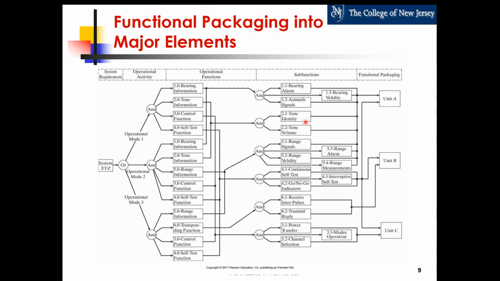The tone, it needs to identify a tone, and it has some tone volume functionality. The range, it needs to process the range signals, validate the range signals, has some alarm depending on the range, and it needs to measure the range. So I mean, if I had to guess, this is some type of radar unit, but again, that's not what's important.